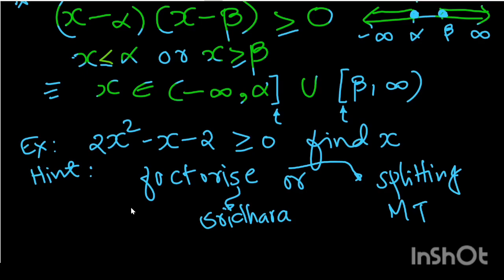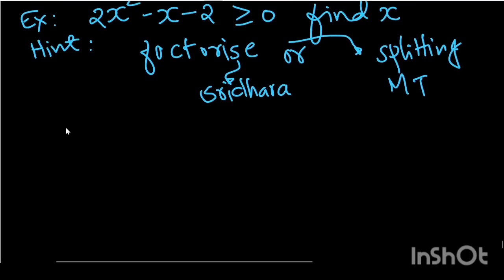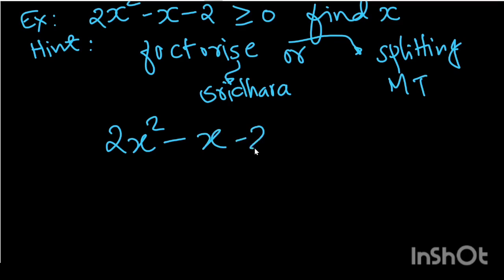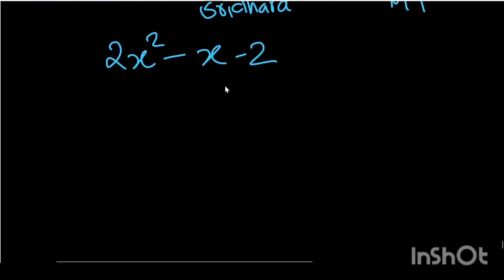So let's go to the solution to this. So if you see 2x square minus x minus 2, we cannot factorize it, because if you multiply the coefficient of x square and the constant term, 4 cannot be multiplied in such a way to give answer as +1 or -1. So splitting the middle term is not possible.